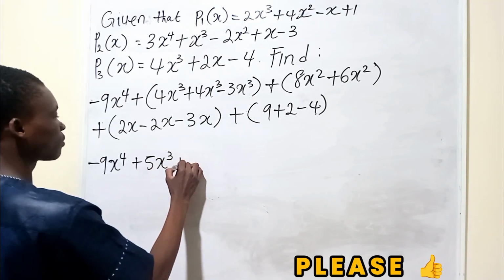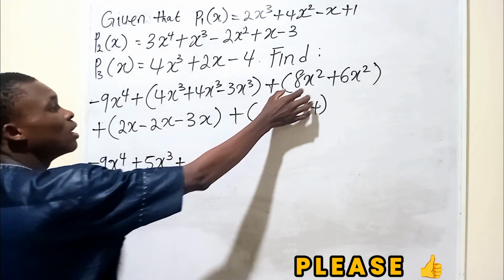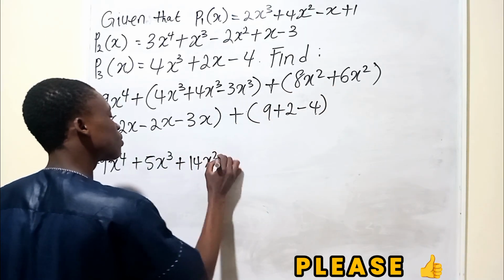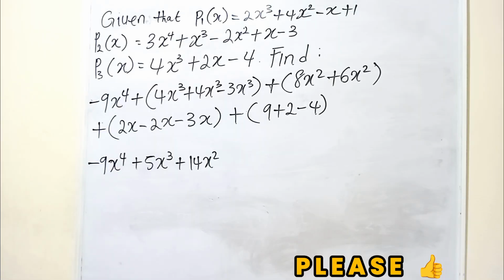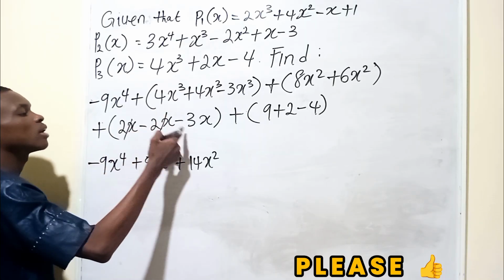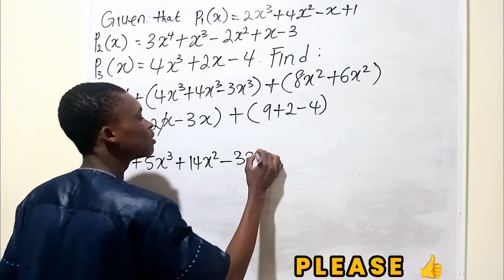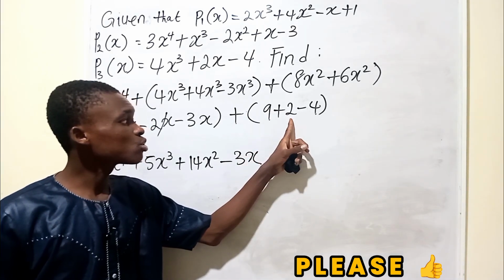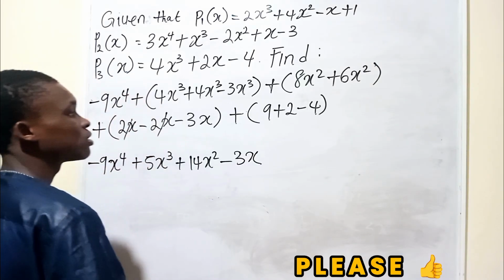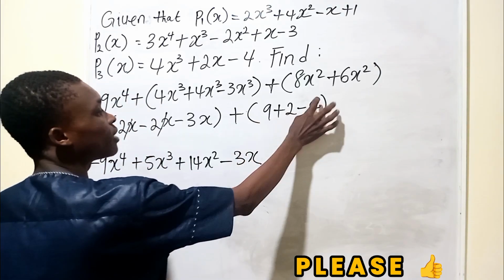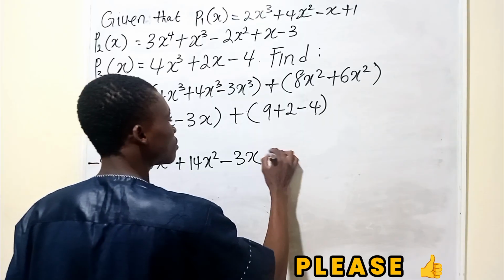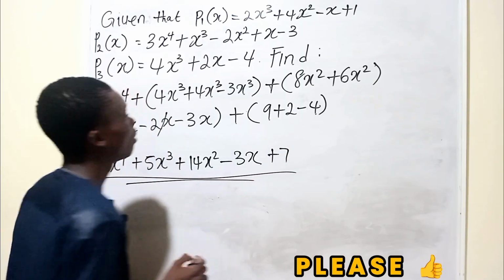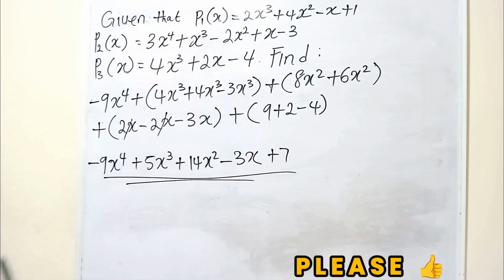Now plus 8x squared plus 6x squared gives us 14x squared. Now clearly you can see that 2x can cancel out negative 2x and we have negative 3x remaining. Now 9 plus 2 gives us 11. 11 minus 4 here gives us plus 7. So this is the value of the expression we're given.